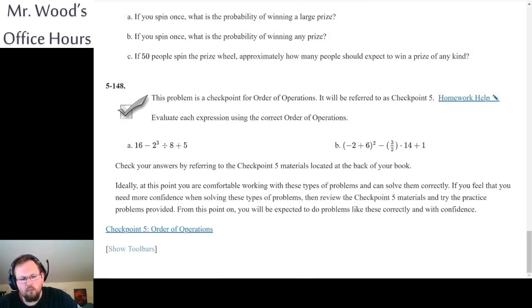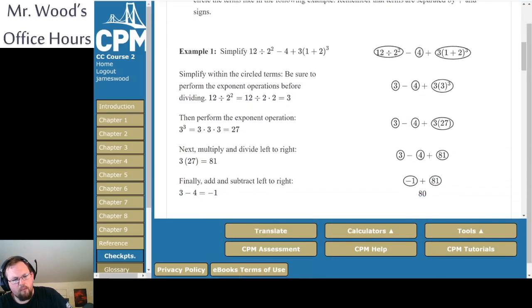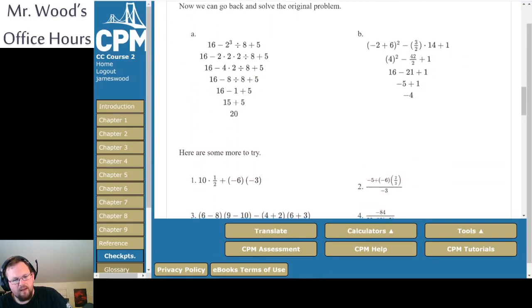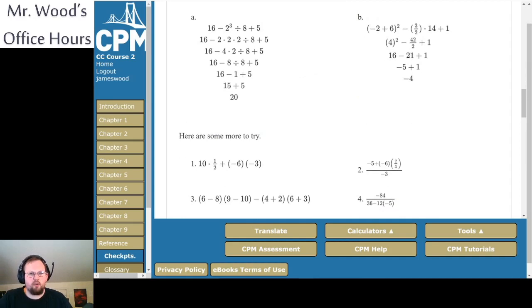If you go into the homework help or into the checkpoint problems down here in your ebook, most of you have probably never clicked on this link or ever wanted to. But if you click into the homework help, it actually is going to give you order of operations help for a lot of problems, and then it is going to walk you through all of the steps for this original problem.